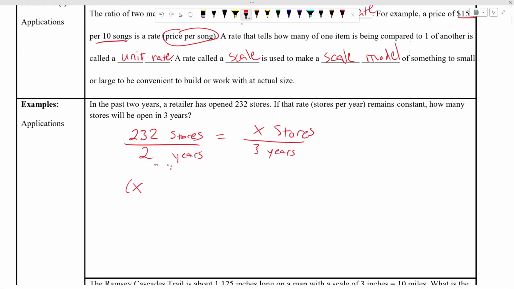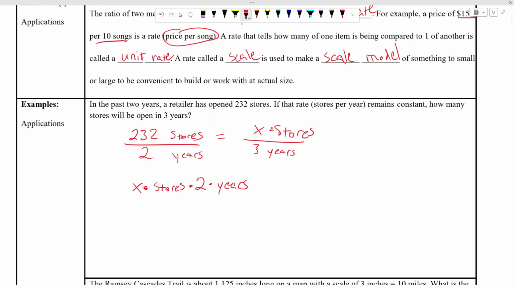I'm doing the cross multiply this way first. I'm saying x, the number of stores, times 2, right? There are 2 there, times years. If I do the cross multiplication, that's what ends up.